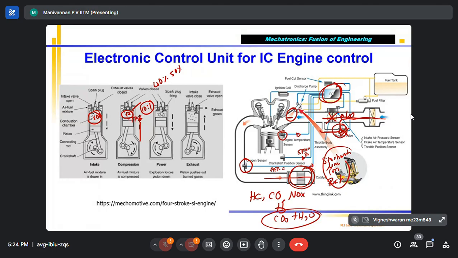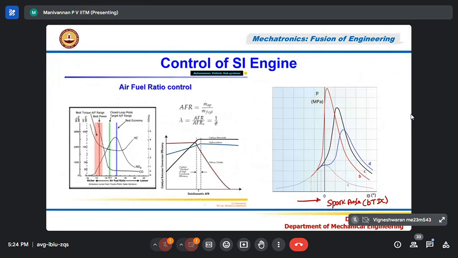If I give the spark early or late, what happens? This figure shows it. I took this from the internet because it was easier instead of drawing it every time. This is the 0 degree, that means TDC position. I told you, the piston is moving from BDC to TDC.